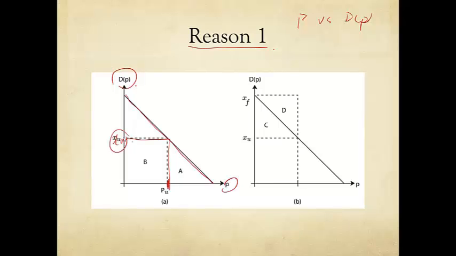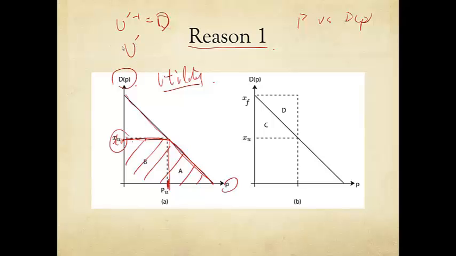as the demand. Now, what is the utility to the user? It's basically the area under this curve. Right? Why? Because u prime inverse is P, is D, right? So if I flip the D curve, I'm going to get a u prime.